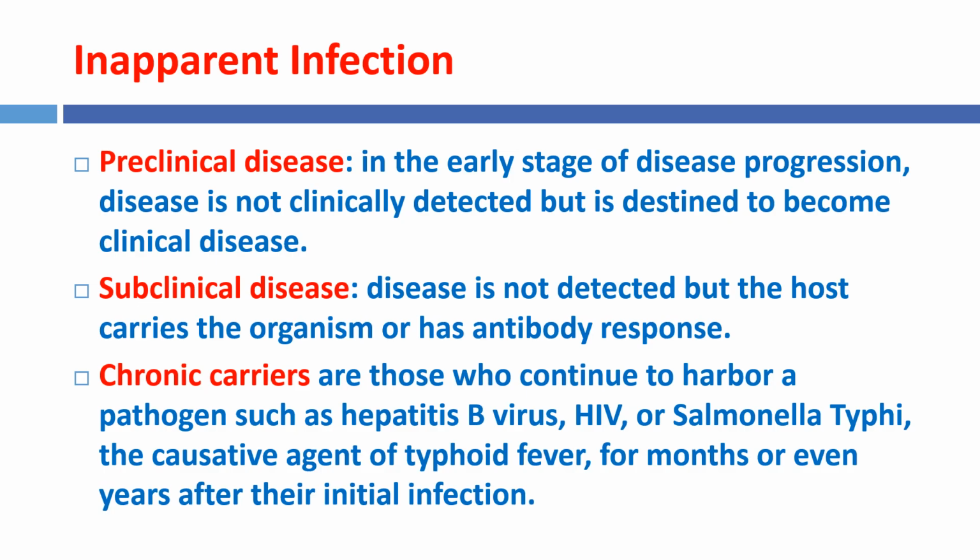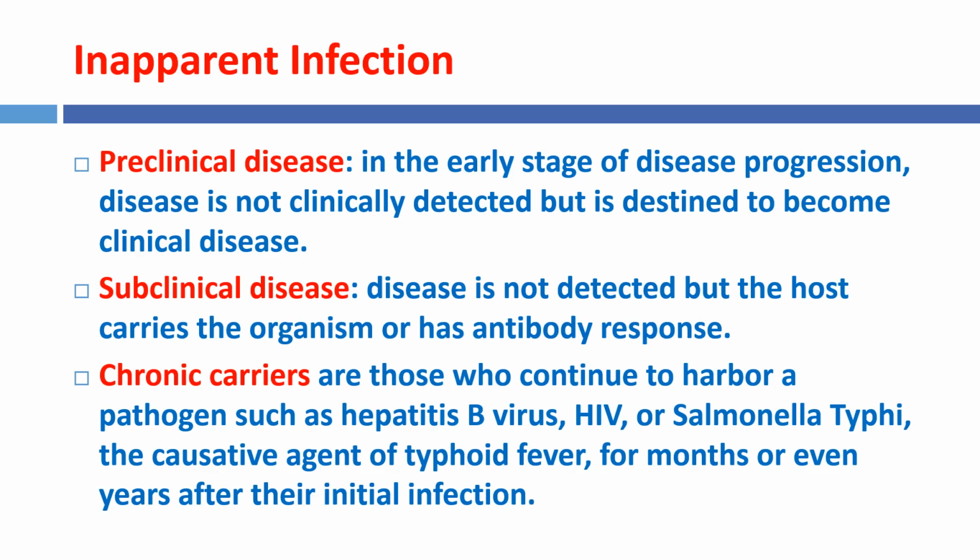Unapparent infection. Unapparent infection can be either preclinical disease or subclinical disease or chronic carriers. Preclinical disease is the early stage of disease progression. The disease is not clinically detected but is destined to become clinical disease. Subclinical disease is the case where disease is not detected, but the host carries the organism or has antibody response.